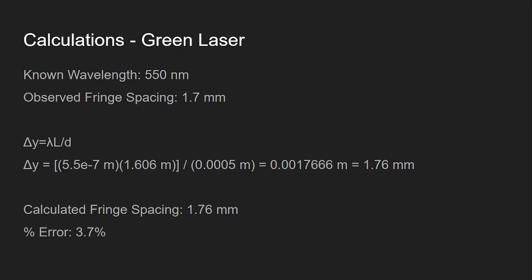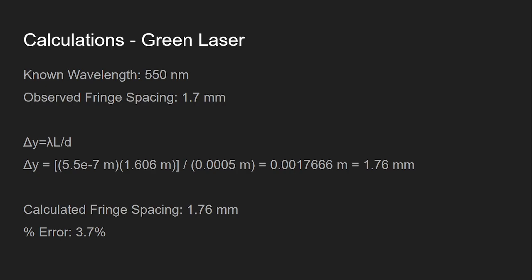In this case, the green light is 550 nm, and we plugged that into our equation with the other values, and we received a calculated fringe spacing of 1.76 millimeters. So the expected fringe spacing for green light is 1.76.